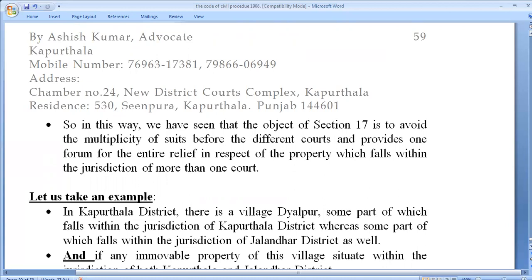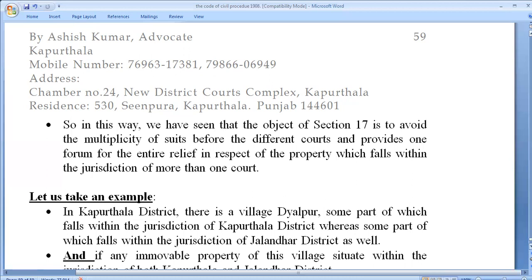So it is very important to see what may happen if this section 17 of CPC was not inserted in CPC. According to section number 16, you have to file the suit before the court within which the immovable property is situated. And if one single property falls within the jurisdiction of different courts, then in the absence of section number 17, the civil suit would have to be filed before the different courts.